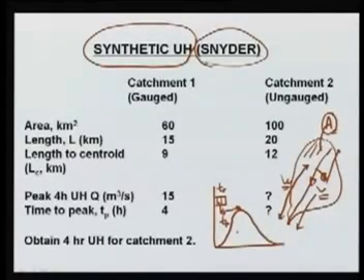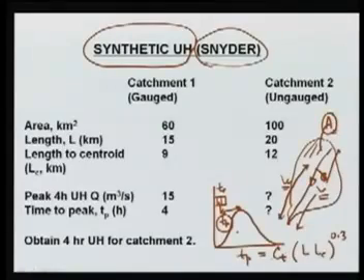So Snyder related this TP with the catchment characteristics, and he said that this TP is standard value, some constant, into L LC to the power 0.3. And for this standard lag, the duration TR is TP divided by 5.5.